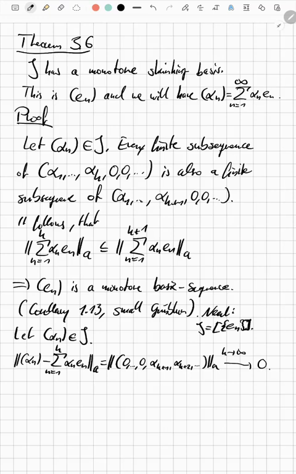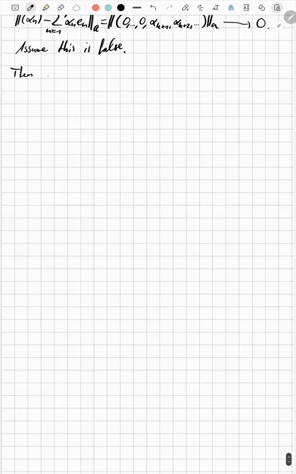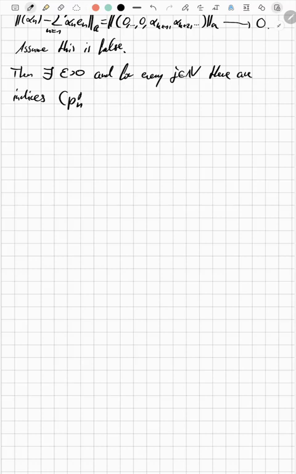And we will prove this by contradiction. So assume this is false. Then there exists an epsilon greater than 0, and for every j from the natural numbers, there are indices p_n, and I will add a second index at the top.